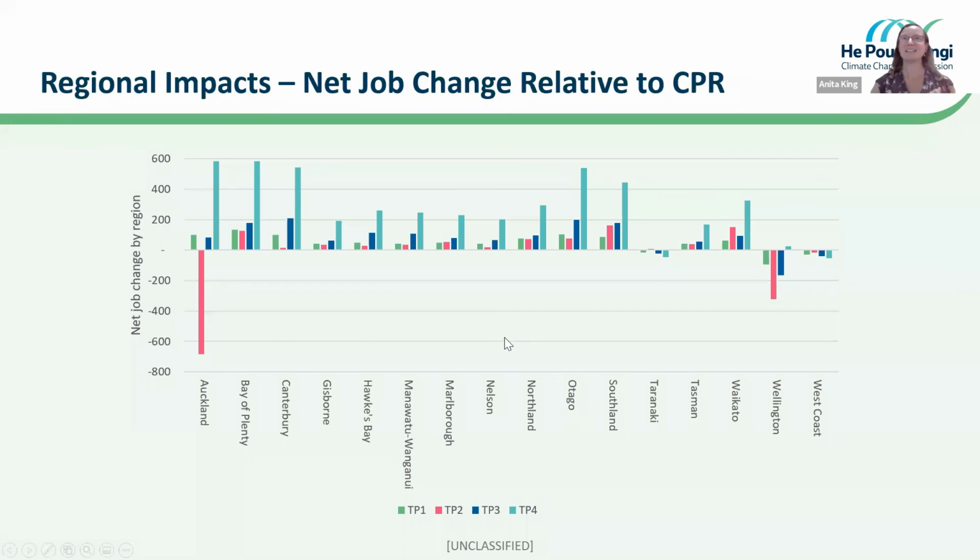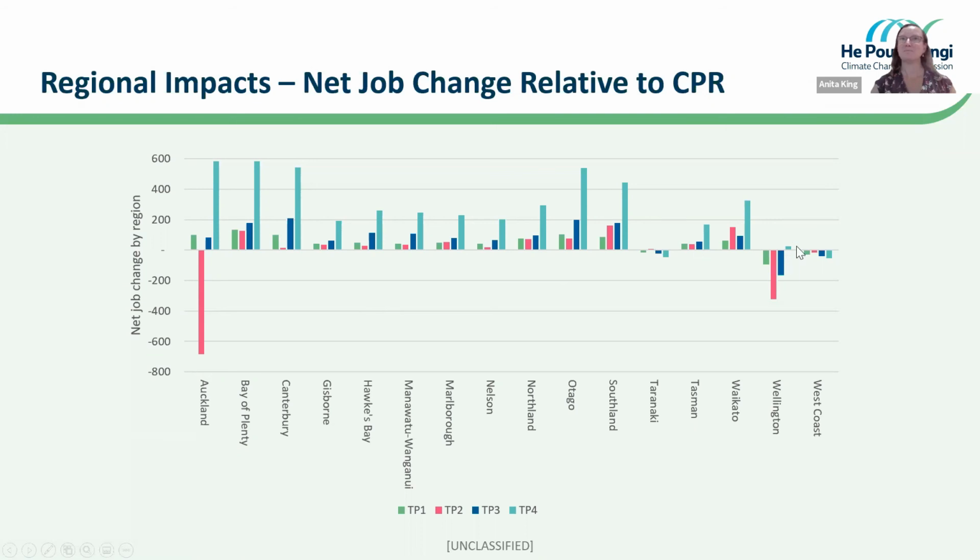And what this indicates is that we've got a big downwards in TP2 for Auckland, and the size of that is partly because Auckland is big, and so we'd expect to see more job changes. Relative to the size of Auckland, these are somewhat smaller changes than we're seeing in other regions.